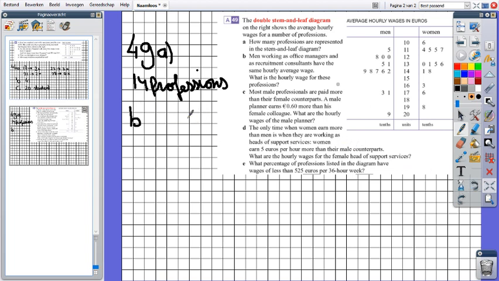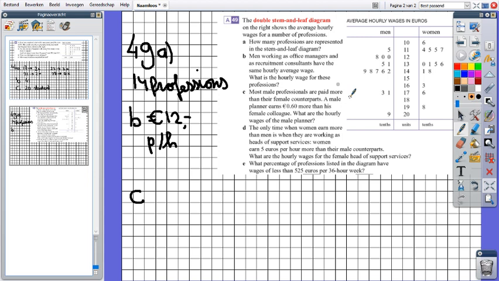The only possibility is that they both earn, let's see, it's hourly wage, 12 euros per hour. Right? So don't ask anything about the wages for the women, so just compare the data in the column of the man. And I think at C it gets a bit more difficult.